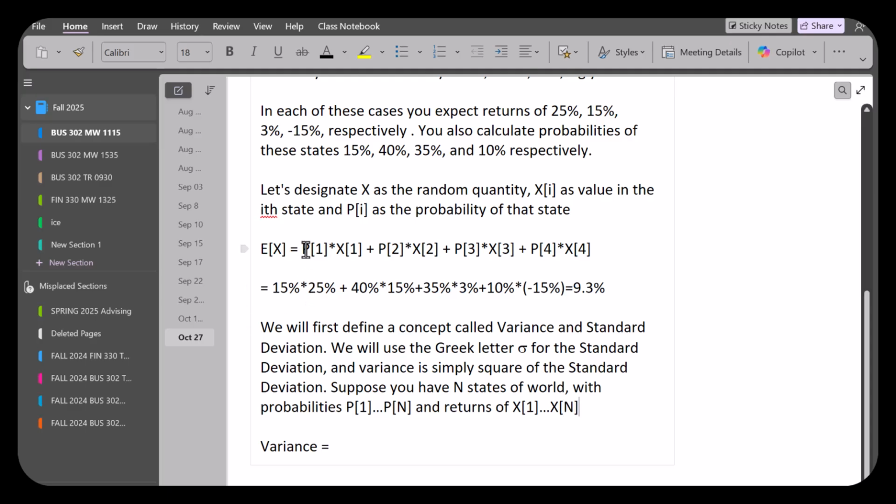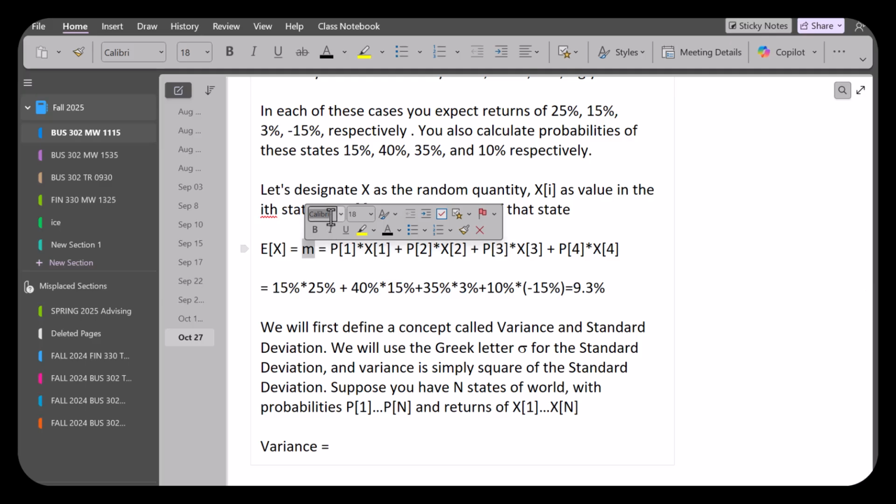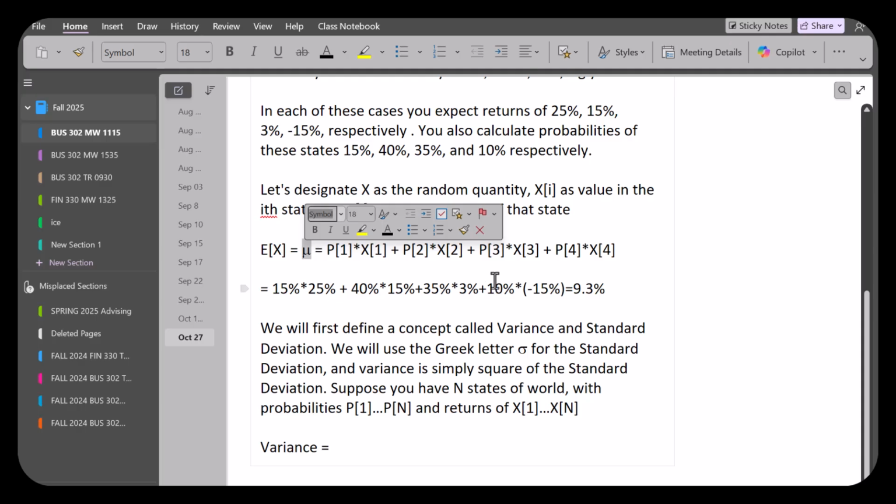Oh, by the way, we also use the Greek equivalent of the letter m for expected value. That's called mu, okay?